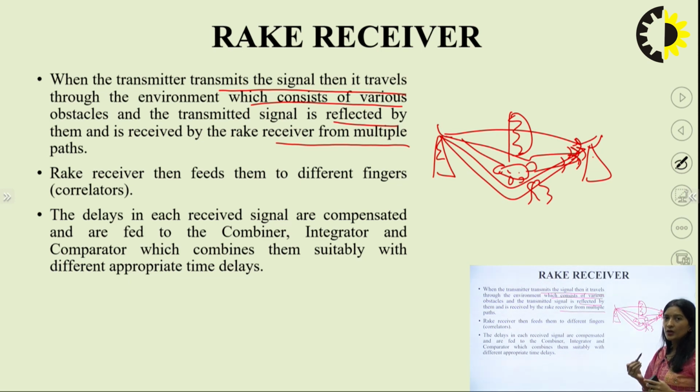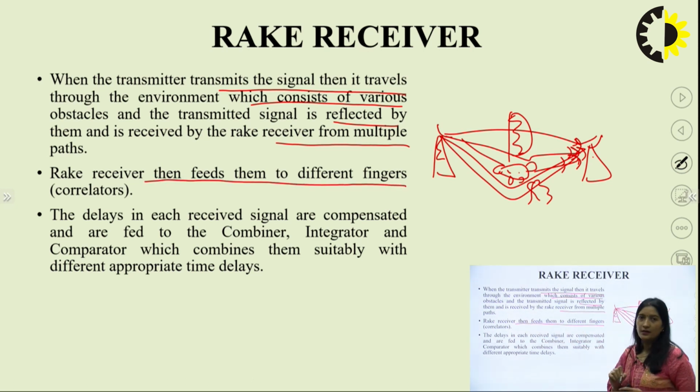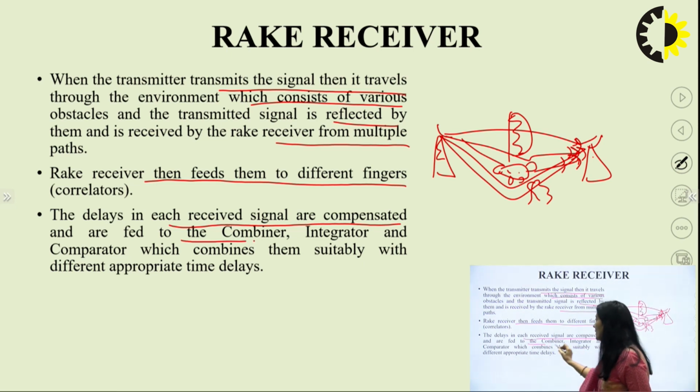That is why your number of correlators will be decided. Then the RAKE receiver feeds them to different fingers. So all signals are received and fed to the different correlators. The delay in each received signal is compensated and fed to the combiner.